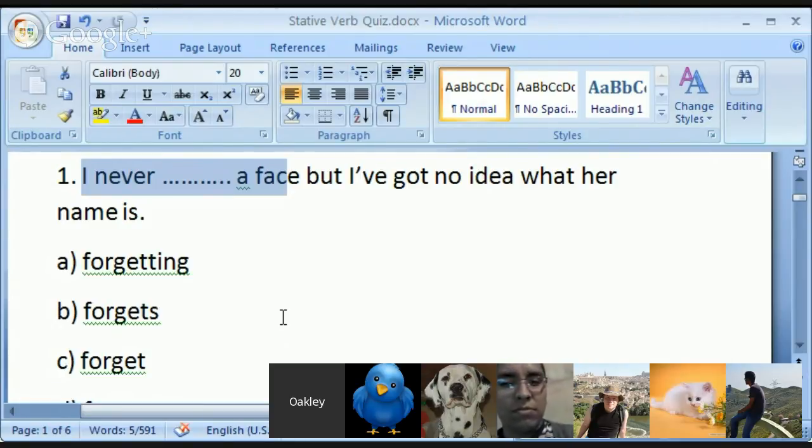I know. We have this construction specifically for use with a continuous tense, with always or never, actually, to show a habit. This is a very specific use. He's always talking too much. She's always coming to work late.